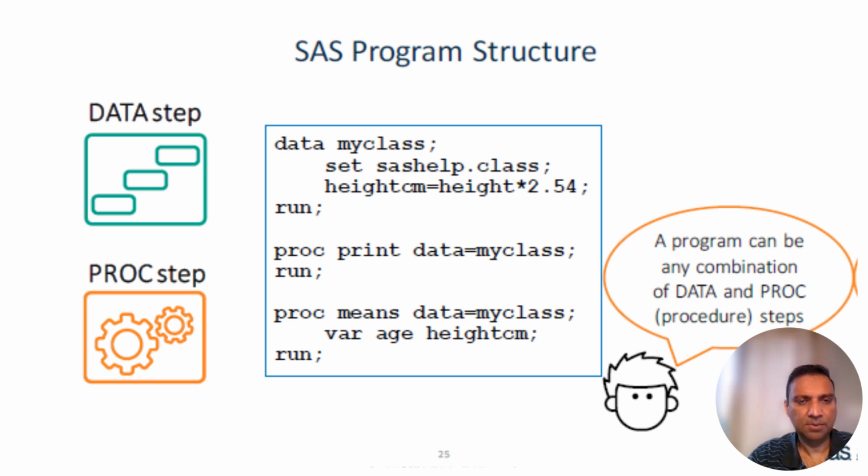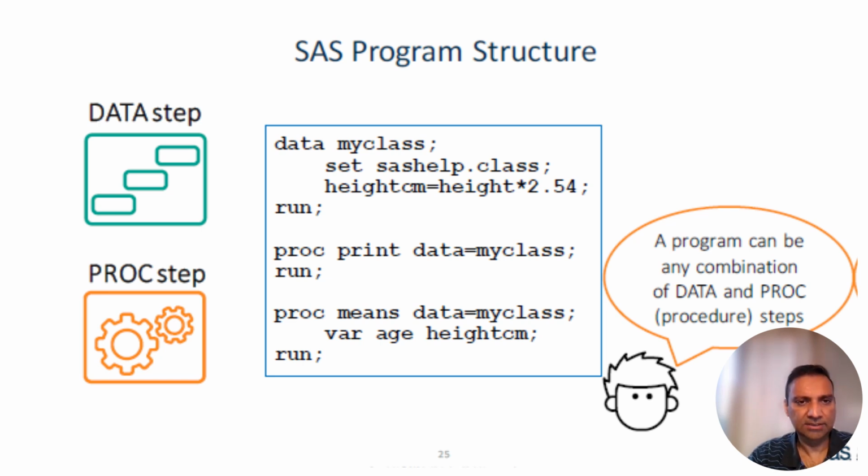And the second type of SAS programming step is the proc step, which conducts a procedure. For example, you want to get the mean of a variable, or more complex procedures like running a statistical function on it.